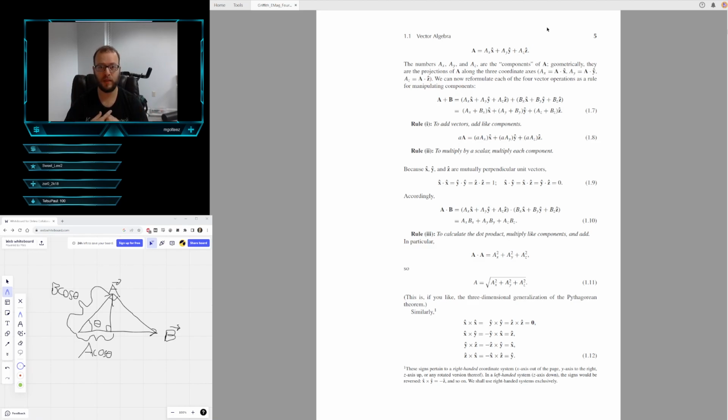Now, a plus b is simply the magnitude of ax plus bx. Then same for y and same for z. This also goes for scalars. So when you multiply a vector a by a scalar, you're taking that scalar and distributing across all the component vectors.